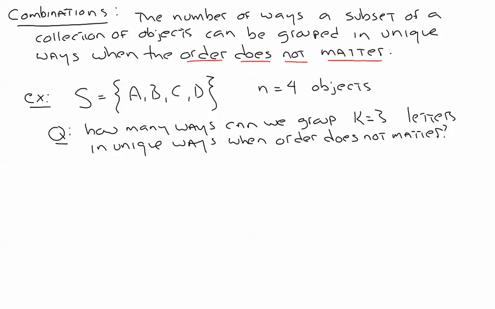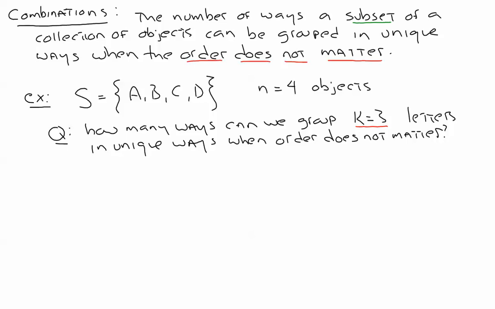So K will be the number of elements in the subset. Remember, we're looking at ordering a subset of objects in a collection. K is the number of objects in the subset.